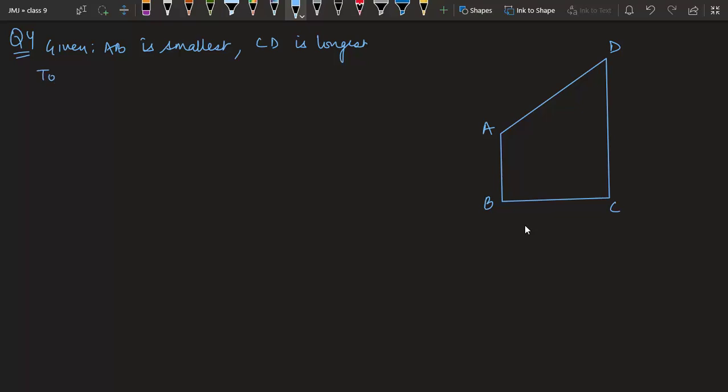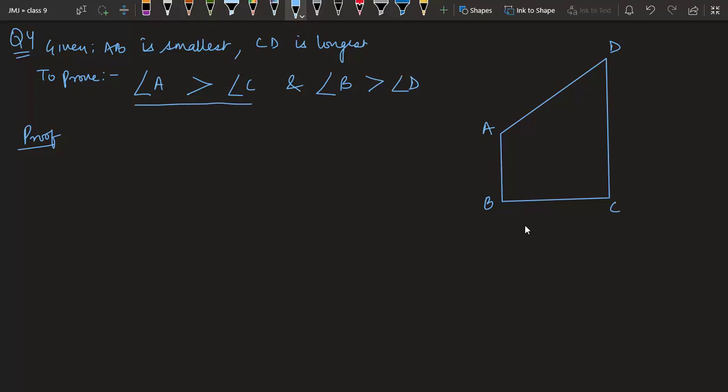These two things are given to us, and we have to prove that angle A is more than angle C and angle B is more than angle D. So first let's go with the first portion and try to understand how to proceed. I am going with angle A and angle C first.